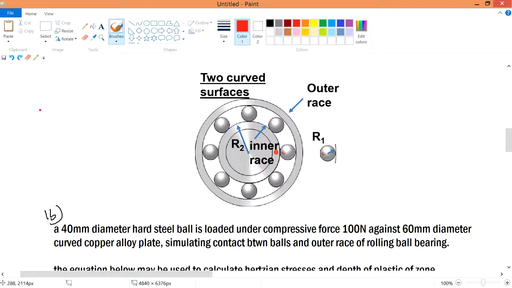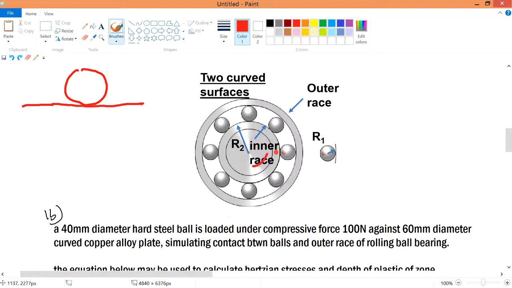So how this works is that this is the surface of the copper. You have a ball over here, and you are pressing it down when the ball starts to move, because this thing is rotating, most probably because the shaft is rotating.